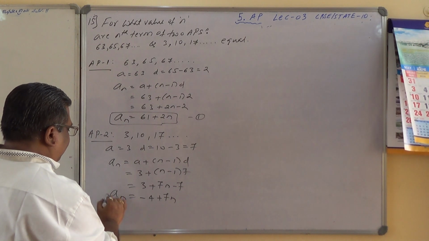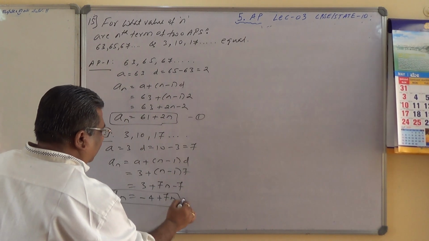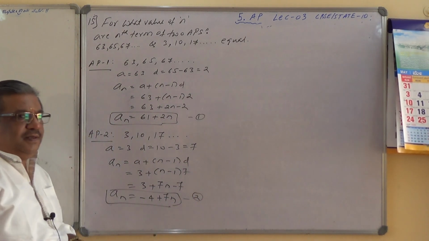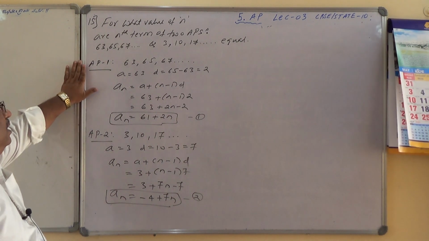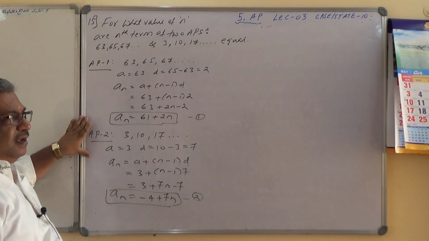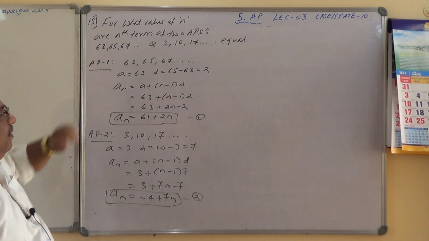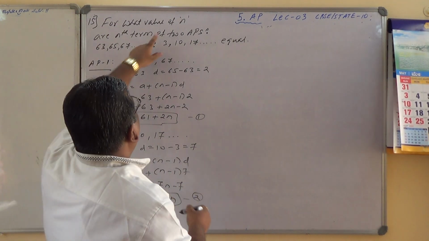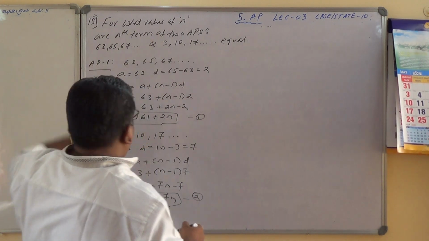This is an equals this. According to the question, the nth terms of both these are equal, then you find out n. For what value of n are the nth terms of these two equal?